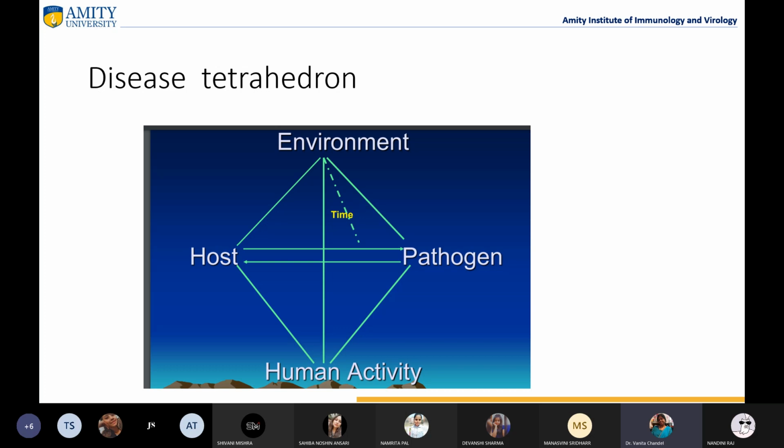There are hundreds of apple trees in an orchard, so if we use the same shears for pruning, we are definitely transmitting viruses unknowingly. So they want to say that it's not only the host, environment, and pathogen, but humans also play a very important role. So they gave the term disease tetrahedron for this.